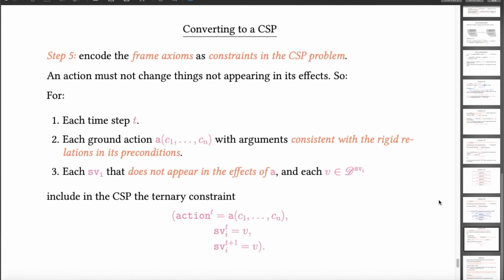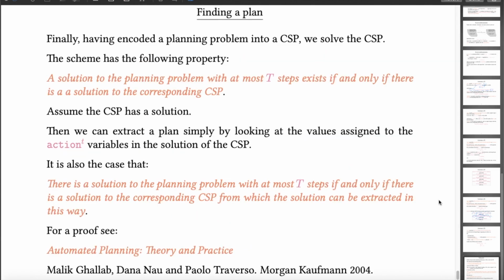So the action doesn't change it. So that's a general and systematic method for taking a planning problem expressed in the state variable format and transferring it to an equivalent CSP problem.